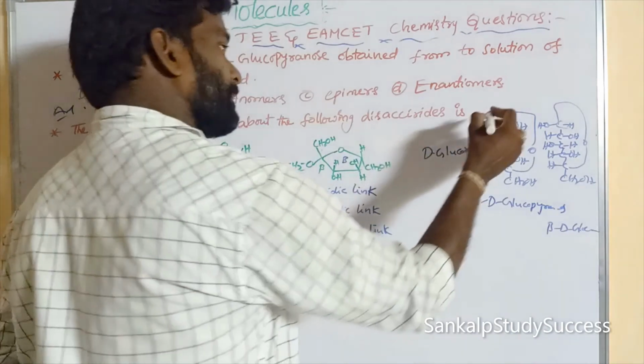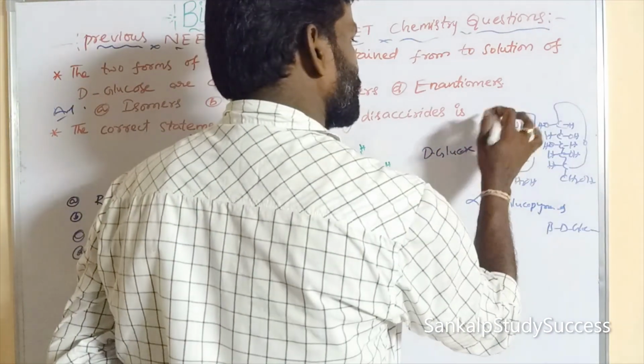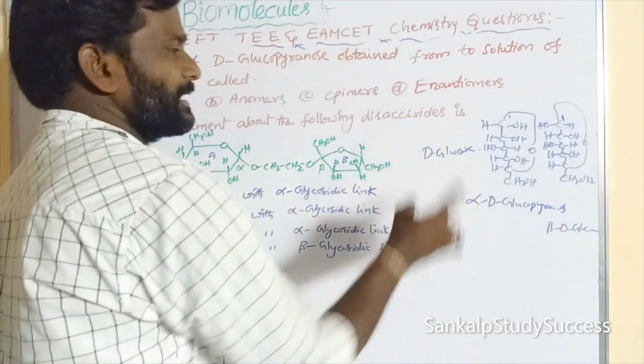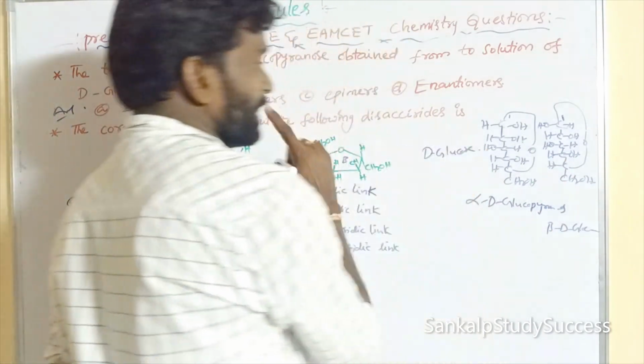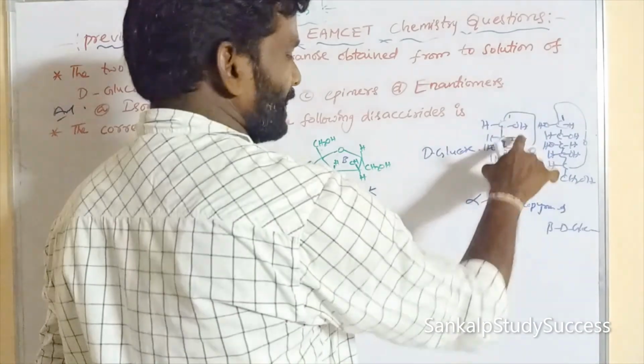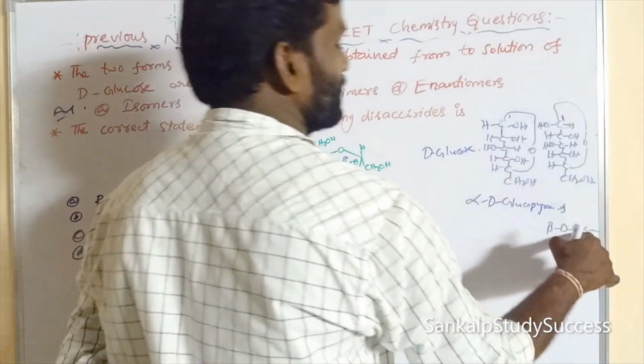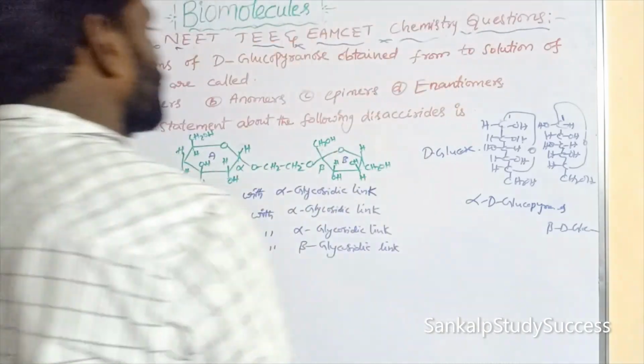So at the first carbon, these two are different, and the remaining carbons are as they are. At the first carbon, here the OH is present on the right side, that is alpha D-glucopyranose. At the first carbon, the OH is present on the left side, that is beta D-glucopyranose. Right.